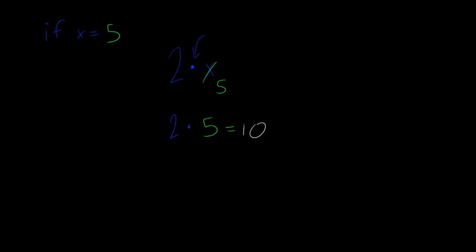So 2 times x does not necessarily mean it'll always be equal to 10. That is just an example. Instead of 5, it could have been 9. It could have been -3. It could have been any number. But I chose 5 as it's easy to multiply with that.